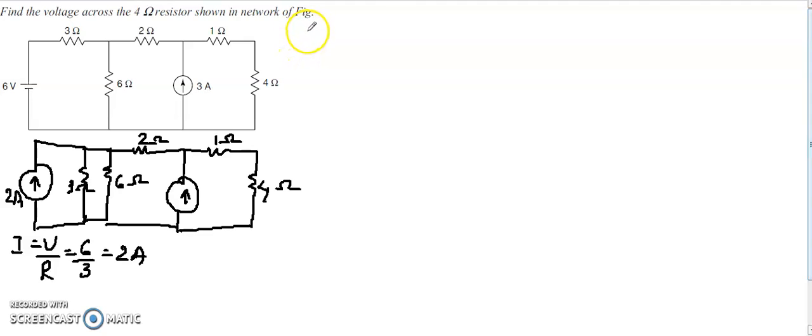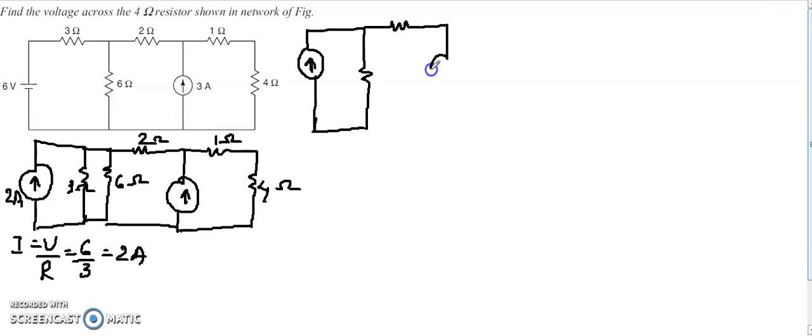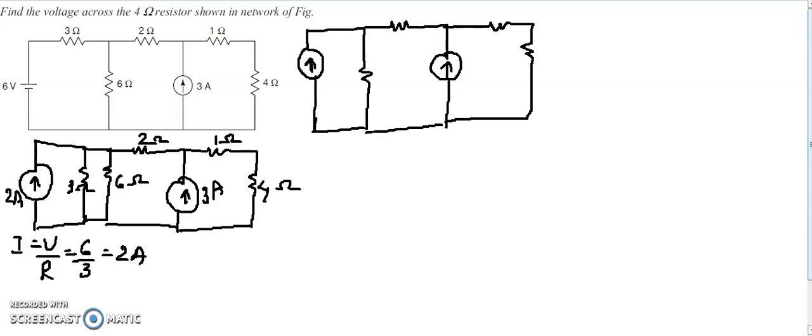So we can rearrange the circuit as, here it is 3 ampere, here it is 2 ampere, here it is 2, 1 ohm and 4 ohm. So our aim is to find the voltage across the 4 ohm resistor.